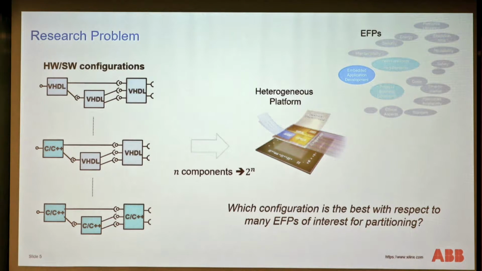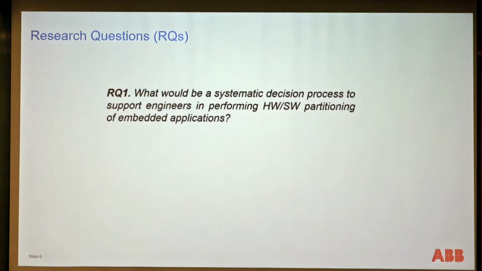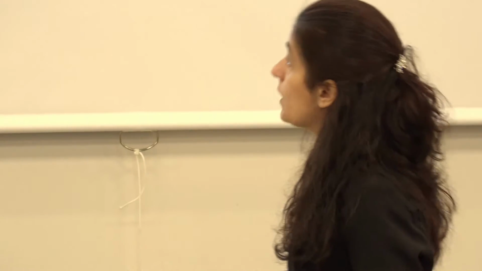With this background in mind, we set several research questions related to our problem. The first one is: what would be a systematic decision problem to support engineers performing hardware software partitioning of embedded applications, given that we have several configurations and many extra-functional properties? How can this be treated in a systematic way in order to support the designer in performing the partitioning?